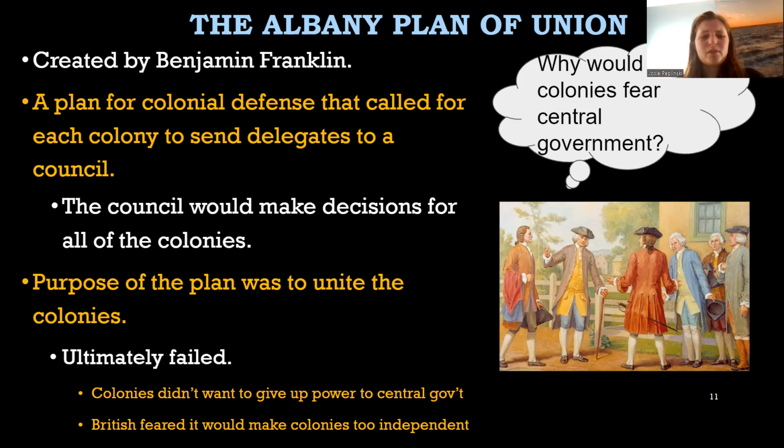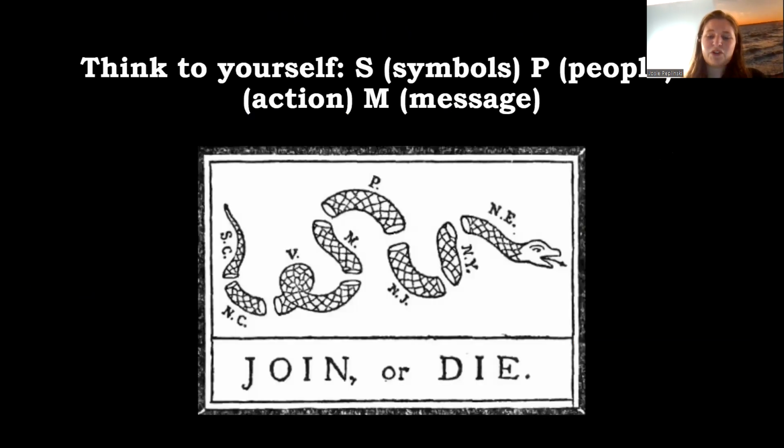The British also did not really want the colonies to create this central government figurehead, even if it was just to make decisions about this war, because it would be a sign of independence and make them able to make future decisions. So perhaps you've seen this political cartoon before.